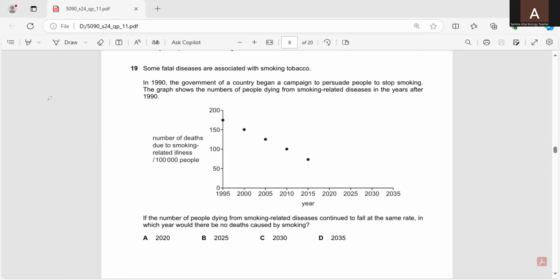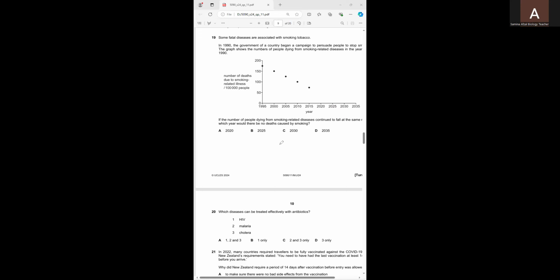So we have to complete the line in this way.